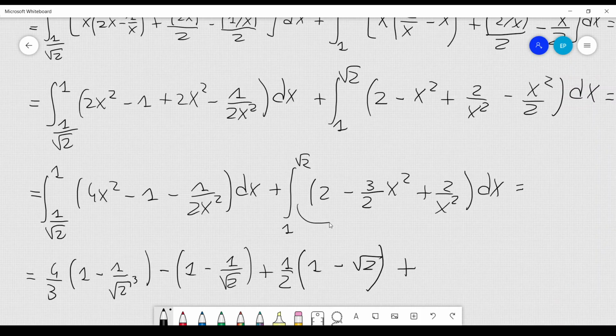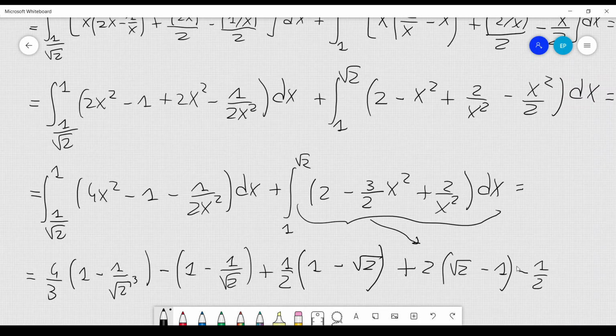Plus, and now I have to evaluate the second integral here. This will be 2 times square root of 2 minus 1. And then I have minus 1 half, because the integral of 3x squared is x cubed. And if I evaluate it at the boundary, I get square root of 2 to the third power minus 1.